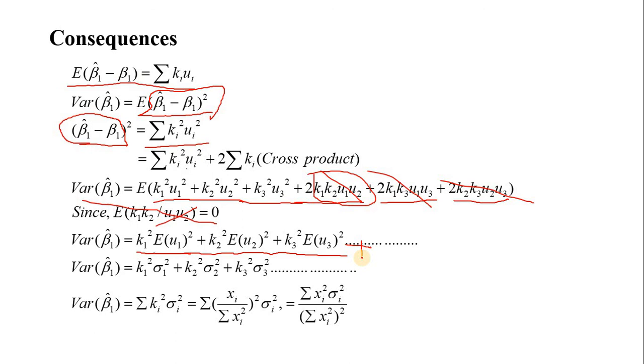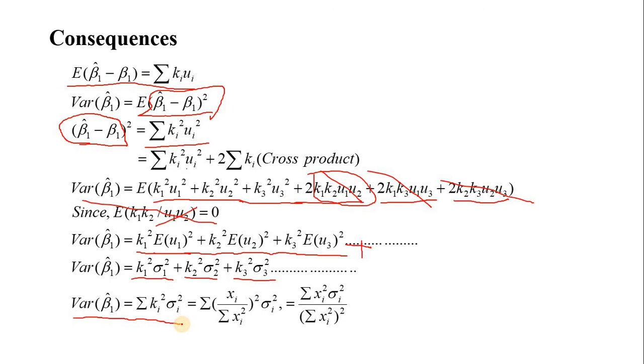So variance of beta cap 1 will be sigma k square times expected ui square, which is nothing but the variance. So k1 square sigma1 square, k2 square sigma2 square, k3 square sigma3 square, and if you have many observations, this continues. So variance of beta cap 1 is equal to sigma ki square sigma i square.